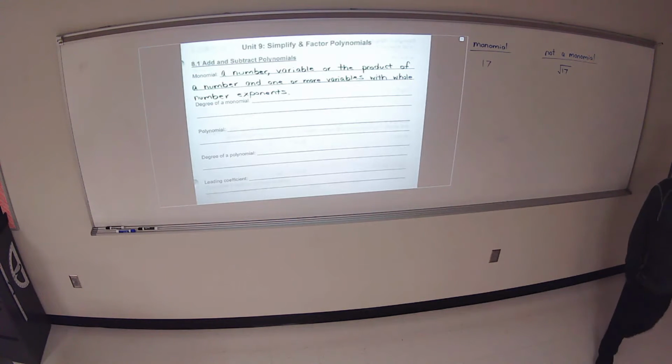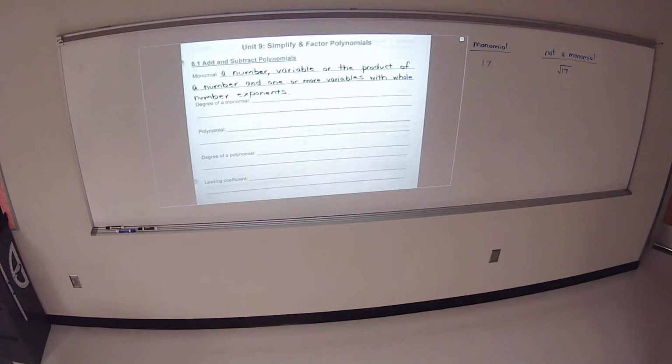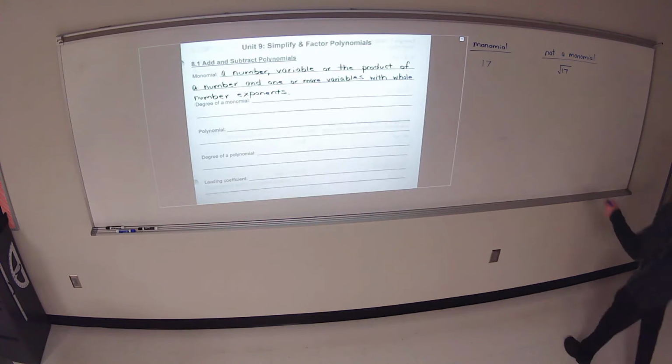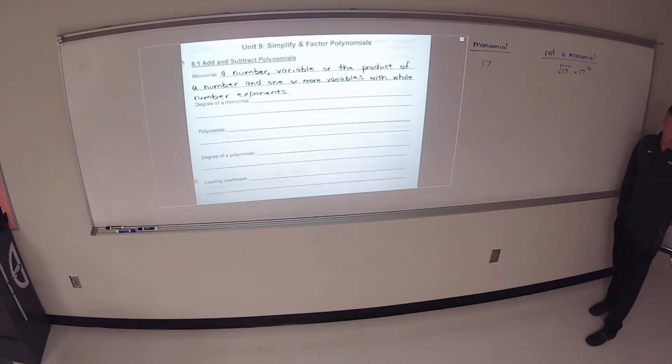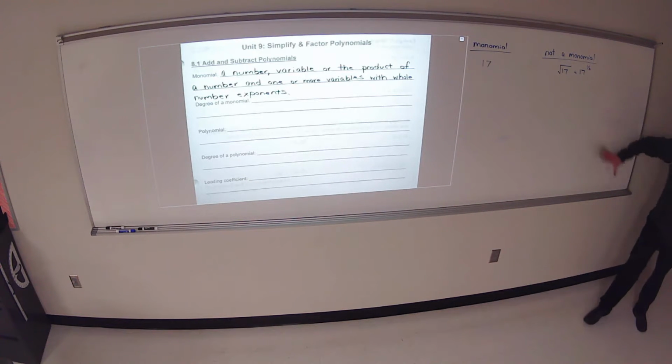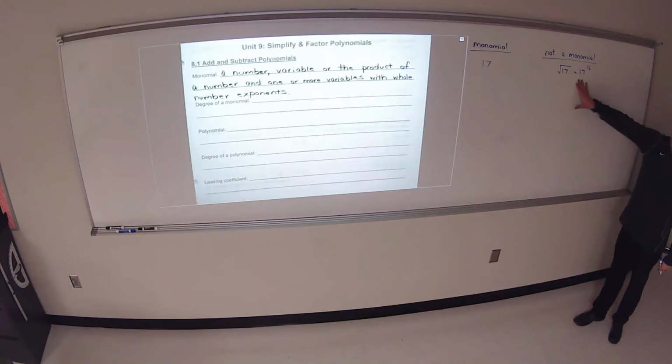Okay, you might say, well, why isn't that? That's just a number. Whether or not you know this, a square root is an exponent, but it's an exponent that's a fraction. Okay, last year I think when we did square roots, we talked a little bit about this. That's the same thing. So this is not a monomial because this exponent's not a whole number.